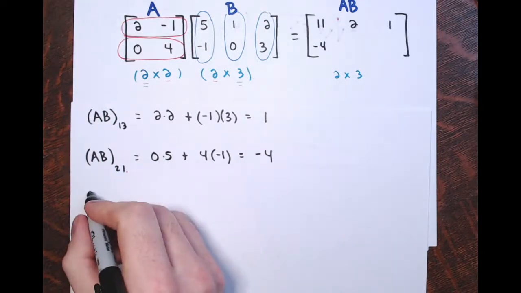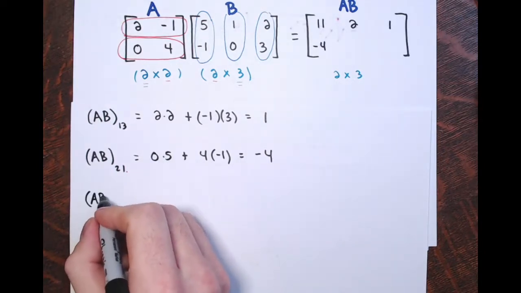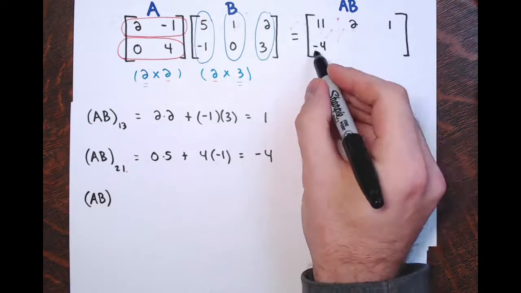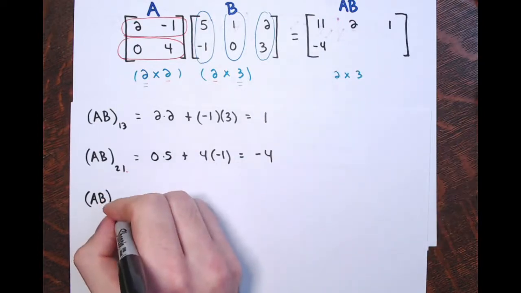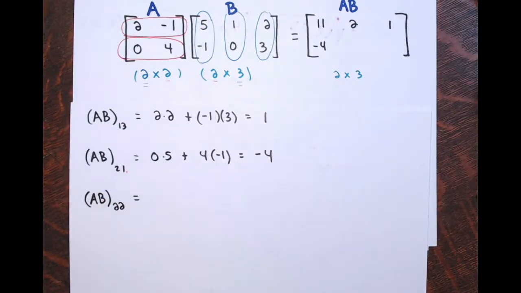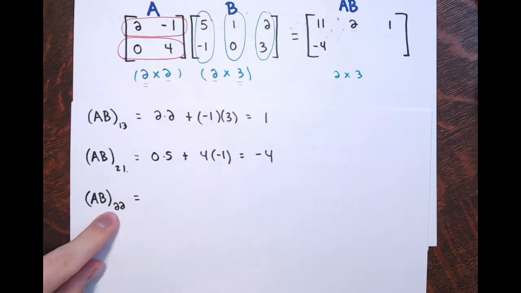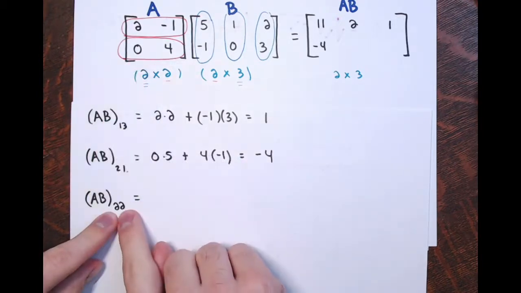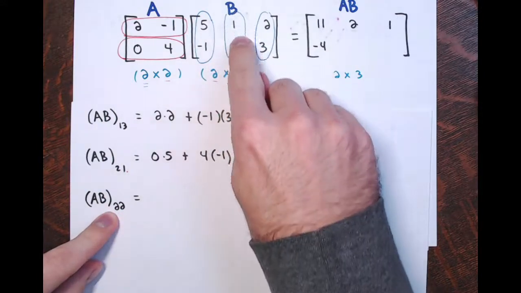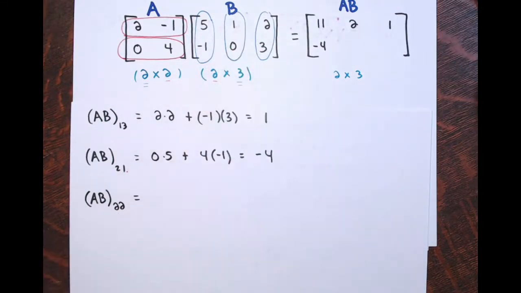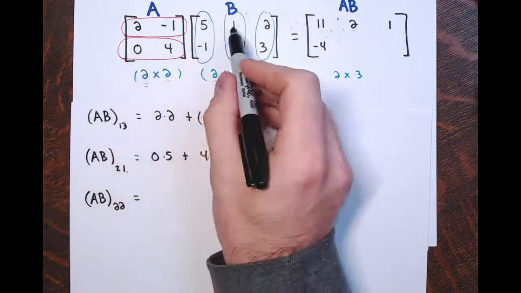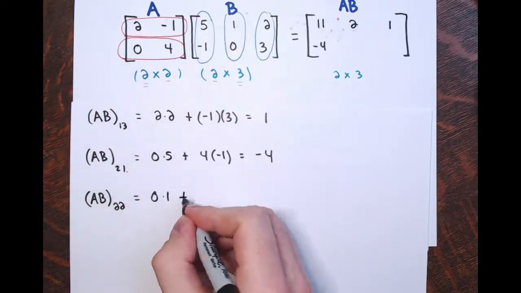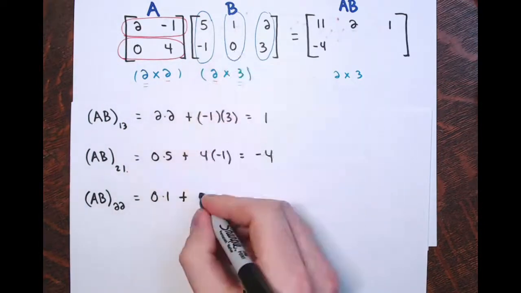And I guess I've got just 2 more. So in the product AB, what is the second row second column entry? Now I'm looking at the second row of A, 0, 4, with the second column of B, the 1, 0. So first entry, 0 times 1, plus the product of the second entries, 4 times 0.